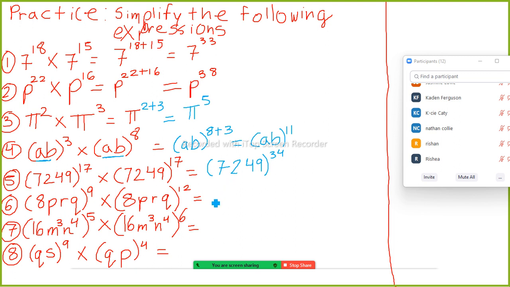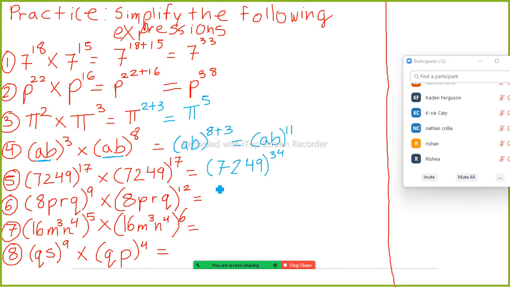Miss Deja McKinsey, the lot falls on you at number 6. It's 8PRQ to the power of 9, which will give you 8PRQ to the power of 21. Yes, that's correct. Very good.